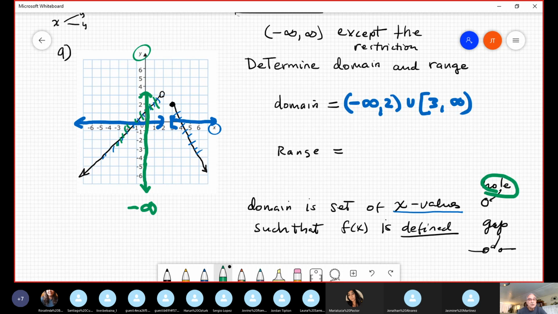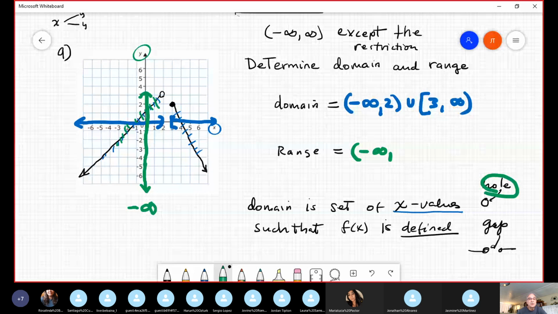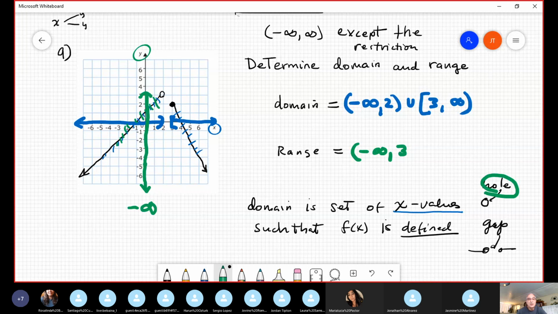Here it doesn't affect because this is closed. So the range is from negative infinity, comma something. What value is it? 3. Include 3? No, not include 3. End of the story. This is the final answer.